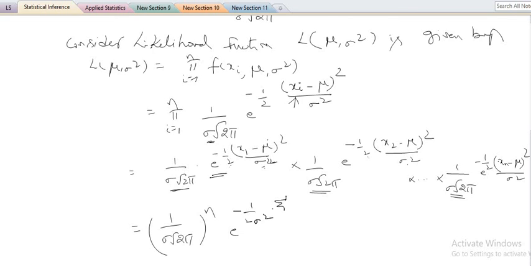That means summation i equals 1 to n of (xi minus mu) whole square. This we need to simplify.